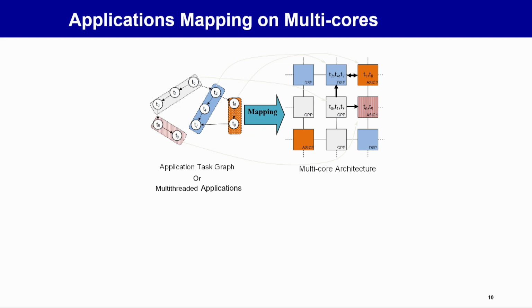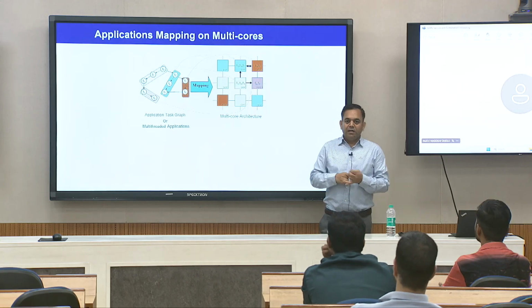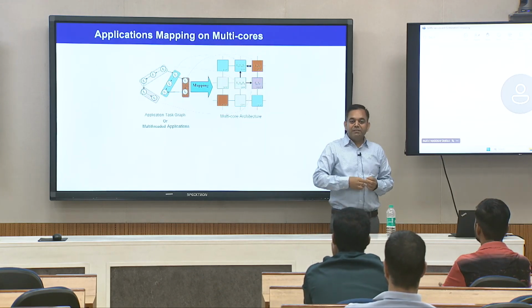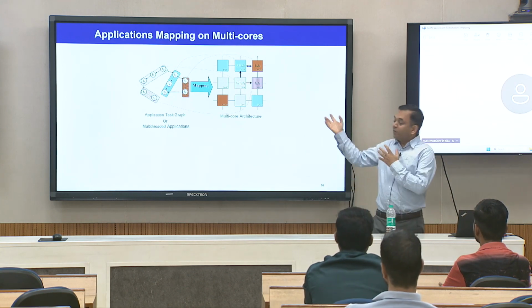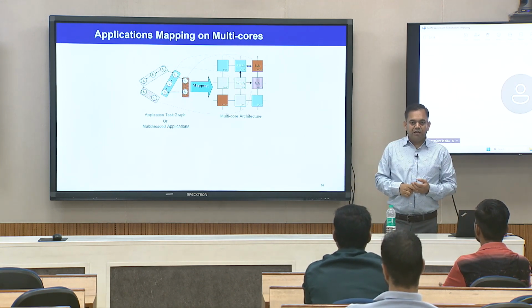Mapping is one of the knobs or controls if you want to optimize something, and with all those mapping options, the results will be different for timing, like how much time the whole application will take to execute, and how much energy it will consume.